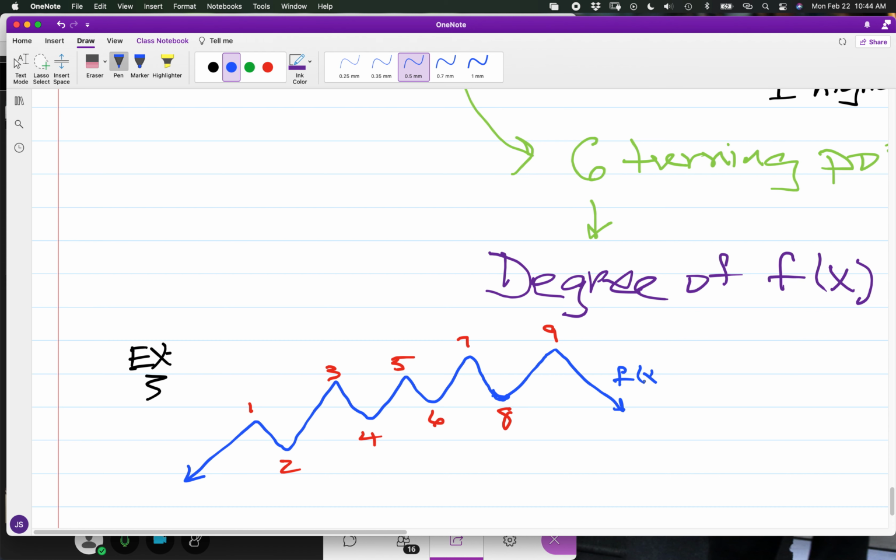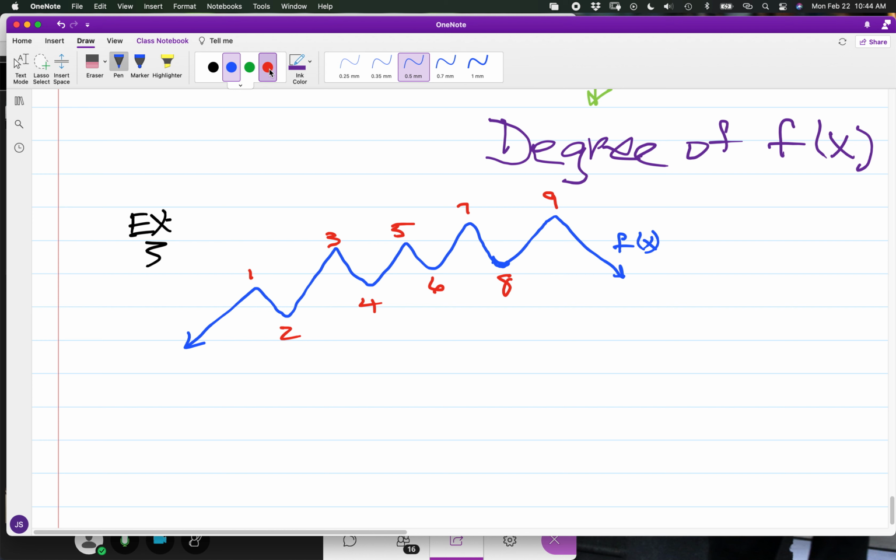So for this f of x, if you notice, we're going to have 9 turning points. And from this, with the degree of f of x, now remember, the degree of f of x is always going to be at least one greater than the number of turning points.